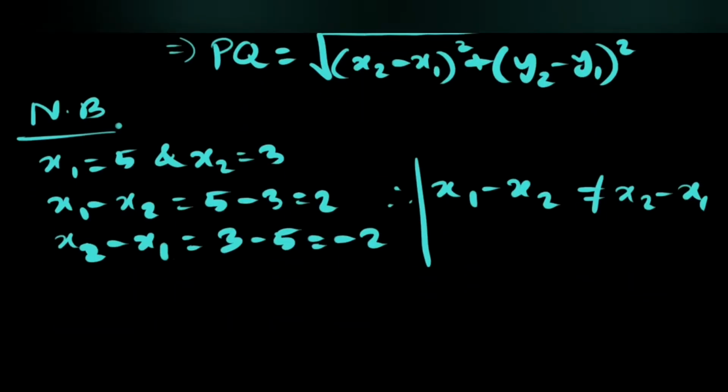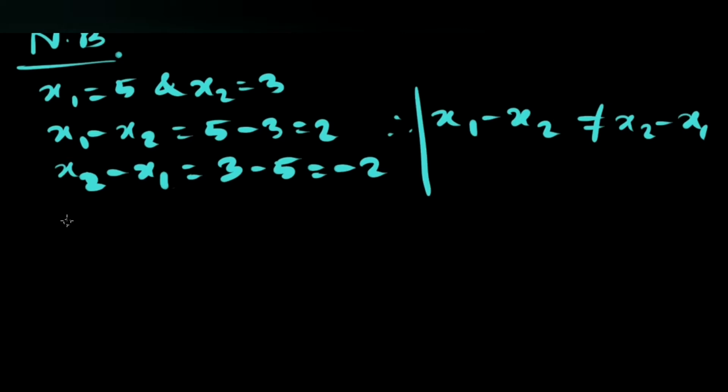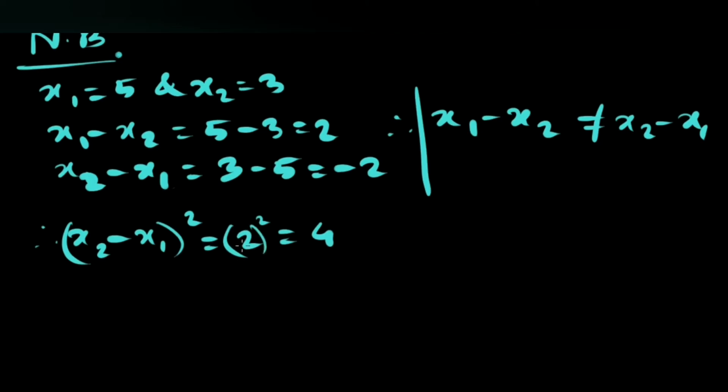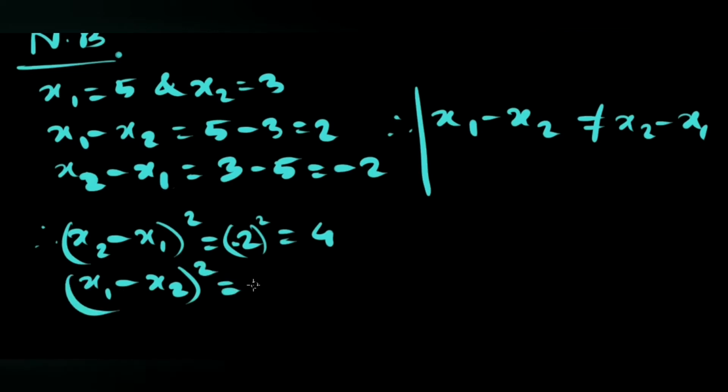But if I determine the square, what happens? If I determine x2 minus x1 whole square, it will be 2 whole square, which is 4. Again, negative 2 whole square is also 4. If I determine the square of x1 minus x2, we get the same result. After determining the square, the result comes out the same.